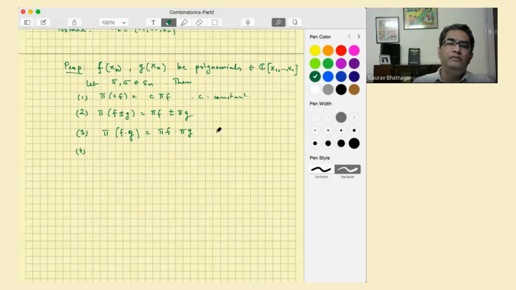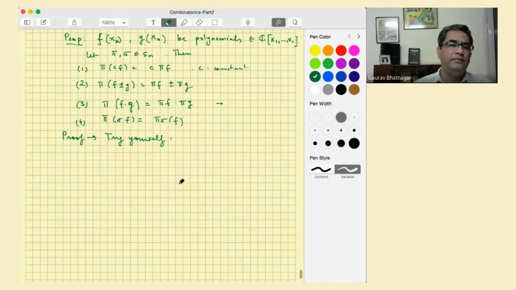This takes some doing. And pi of sigma of f is equal to pi sigma of f. It is so boring that I don't even want to give it as an exercise. Just think through it; if you can't see yourself believing it, then try it or see the book.